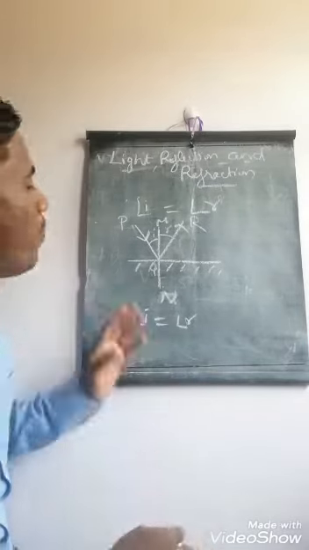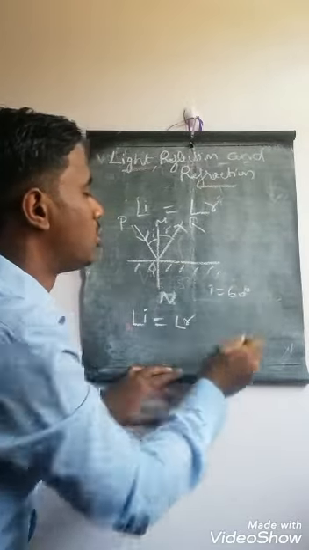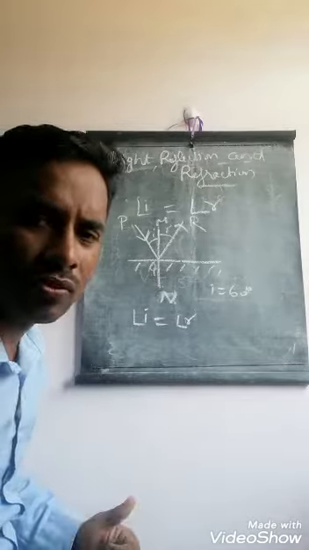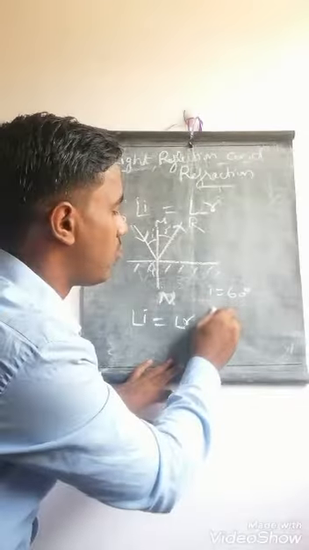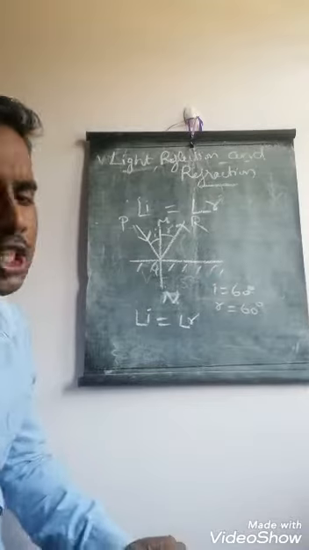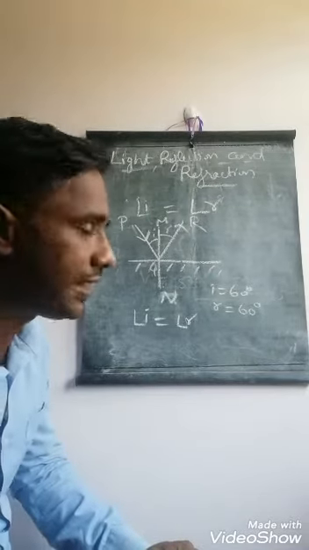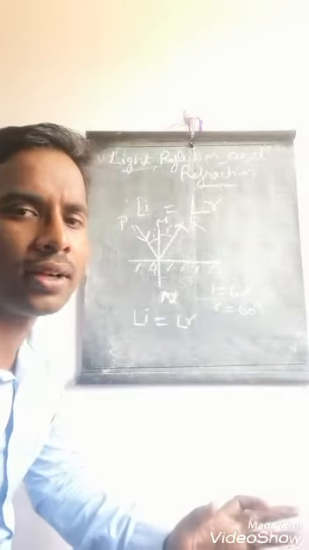Let me take an example. If the angle of incidence is equal to 60 degree, they may ask you a question, what is the angle of reflection? It's very simple. By the law of reflection of light, angle of reflection will also be equal to 60 degree. Now for the same question, if the angle of incidence is 60 degree, what is the angle between incident ray and reflected ray?